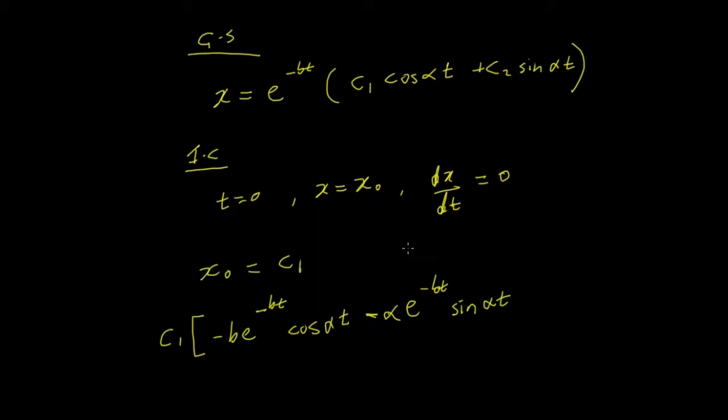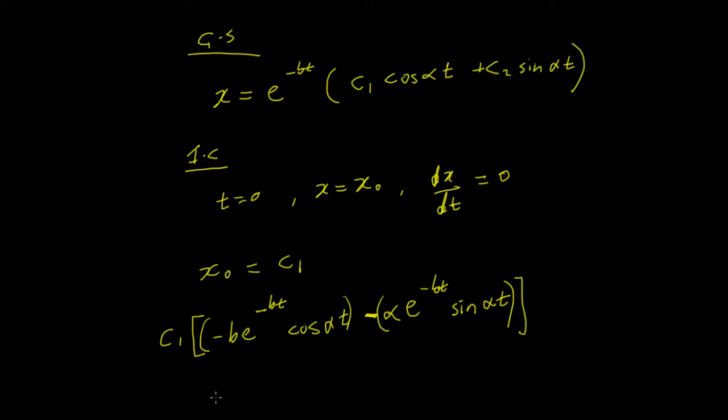All we've done is differentiate the cos, so we get minus alpha sine alpha t. That's the alpha coming out, that's the minus sign, and then we multiply it by e to the minus bt. That's just the product rule for differentiation. So that's one term there and a second term there, and the other part is going to be this differentiation here.